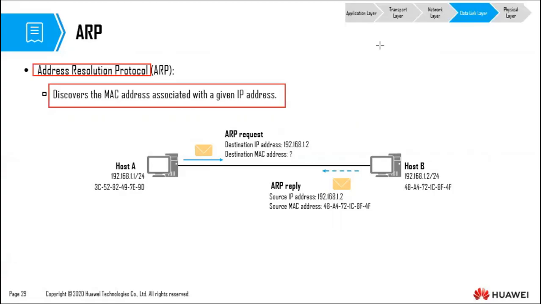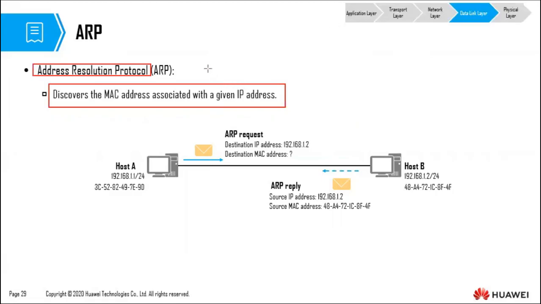So in order to discover the physical address of the device it wants to communicate to, I already know your number. I'm .1, you are .2, that's my IP address. But how do I know your physical address so that we can communicate at the data link layer? That's the purpose of the address resolution protocol.